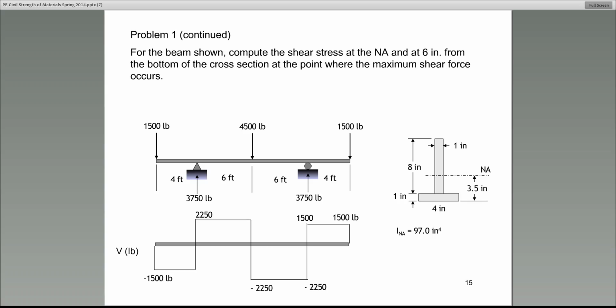I'm not going to go over how we constructed the shear diagram. I showed you the process last week. So what I need for you to do, please do this for me. Not right now, but later when you study these problems, don't just take my shear diagram, cover it, and do it on your own. Make sure that you know how to draw the shear diagram.